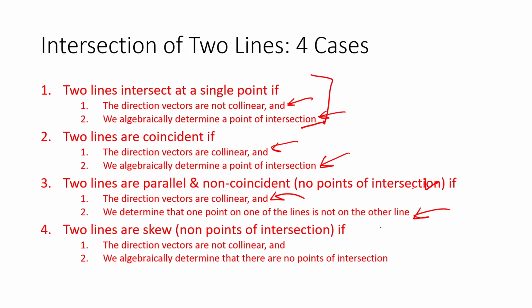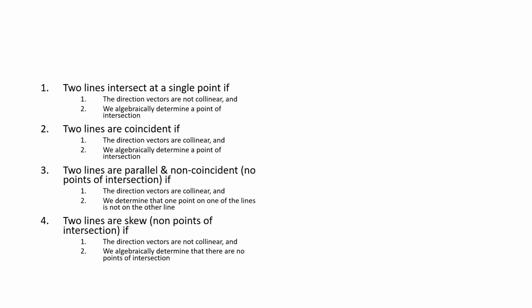Now, in 3-dimensional space, there's actually a 4th situation, and this is called skew. 2 lines are skew if the direction vectors are not collinear and there are no points of intersection. This is not possible in two-dimensional space, but it is possible in three-dimensional space.